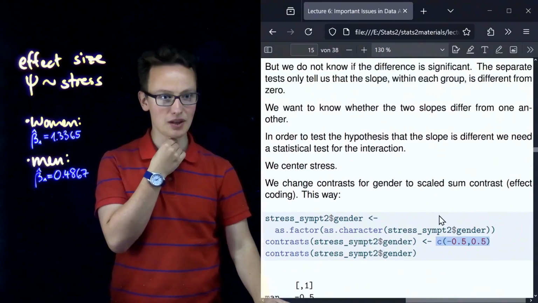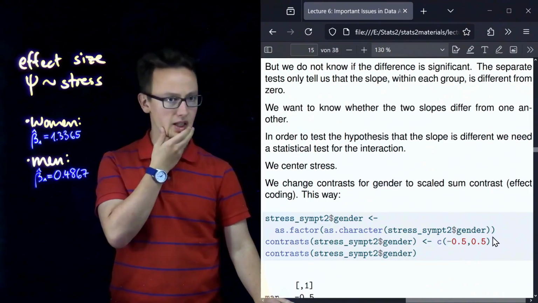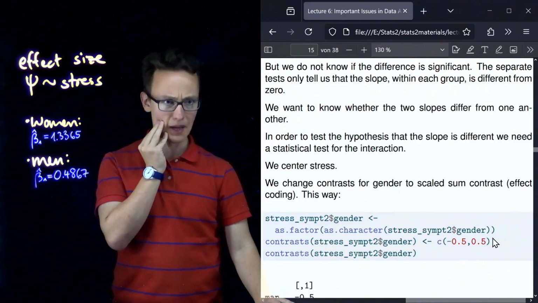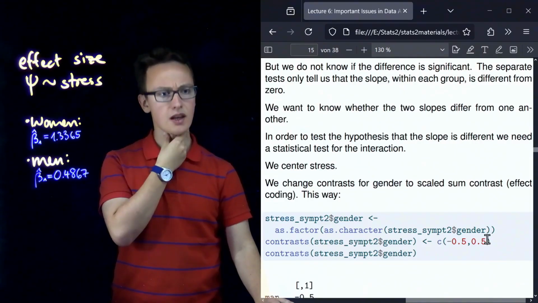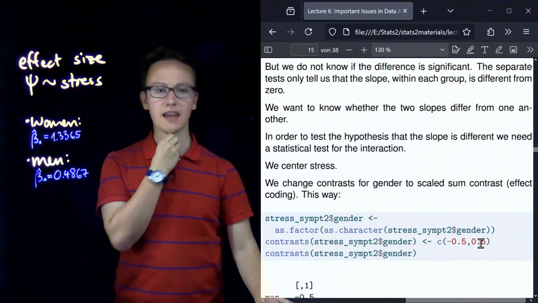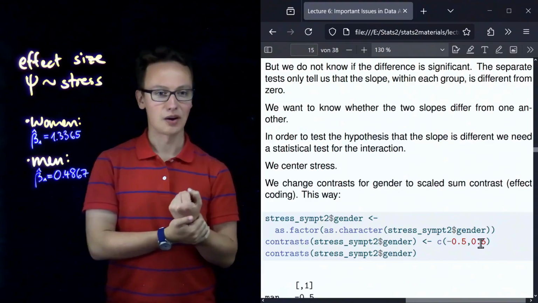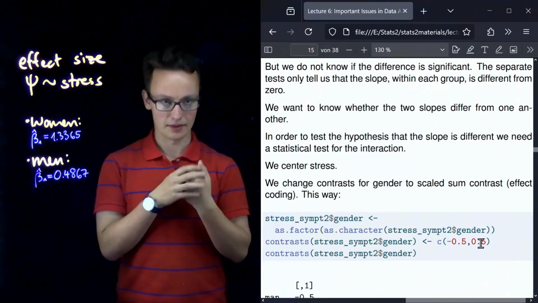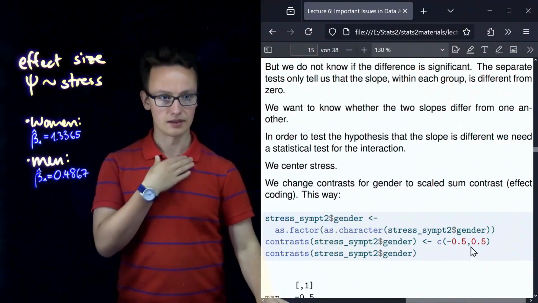So that's what we're doing here. We are assigning scaled sum contrasts, so minus 0.5 being, I guess, the men and 0.5 being the women. Could be the other way around, but I believe that's what it is. So we've now made it very clear what our predictors are numerically, and as an important property, both of them are now centered. Okay.